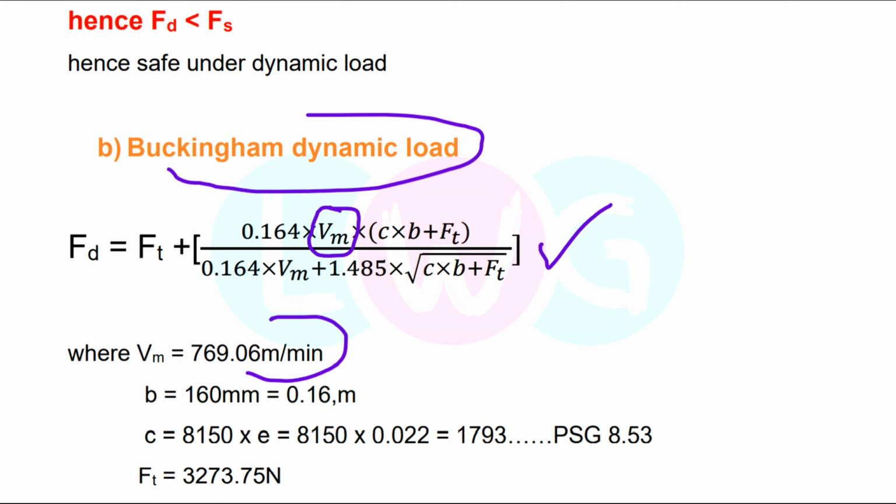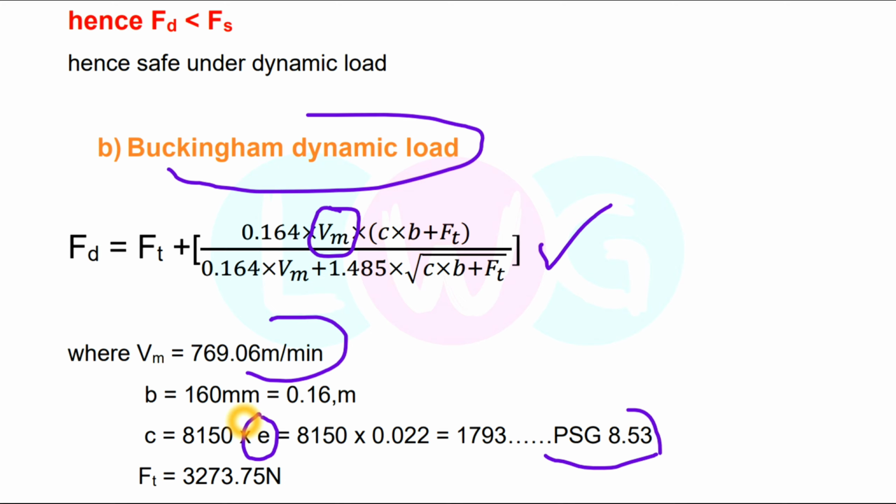Next move to C. Go to PSG 8.53. There select the tooth form, 20 degree full depth, and in that select steel and cast iron, which is given as 8150. Now the value of E is the expected error.